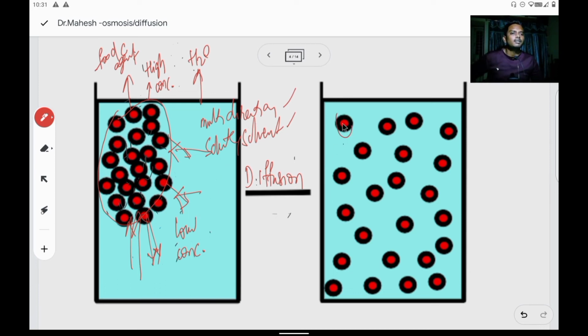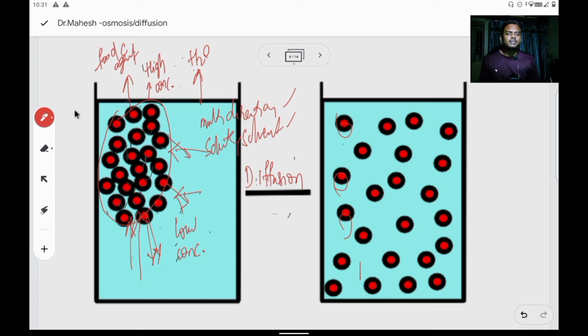See here, equal distribution of solute particles in water. One more thing here is in osmosis. In osmosis, as I told earlier, the thing which is diffusing is the solvent, through a semi-permeable membrane, and that concentration is not equal on both sides. It can't attain it. But here it is different. The solute and solvent both will try to attain equilibrium concentration, and it fills the spaces.